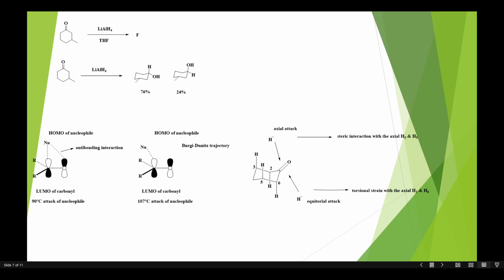These are the general things. It is not only for the hydride ion. This is also for any kind of nucleophile attacking the carbonyl group, any kind of nucleophilic addition to the carbonyl group. This is the fundamental question of whether the attack happens from the axial or equatorial side.